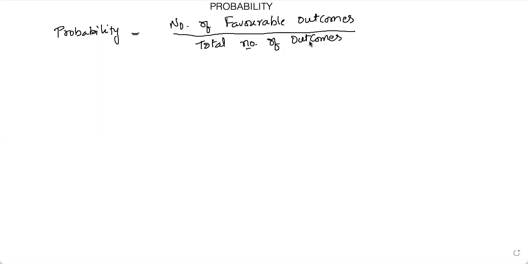And the probability of an event calculated by conducting experiments is called empirical probability.